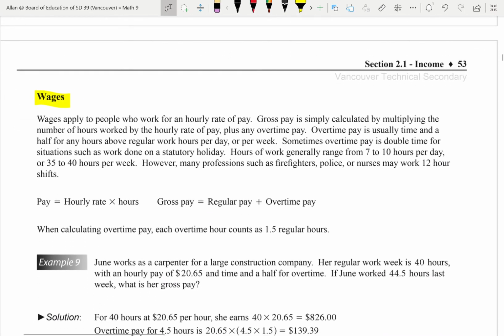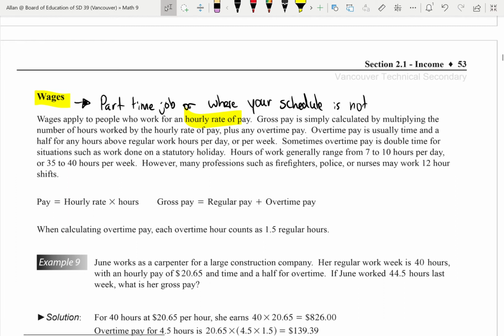Wages is our third option. Wages apply to people with an hourly rate of pay. We can think of it as any sort of part-time job where your schedule is not consistent.